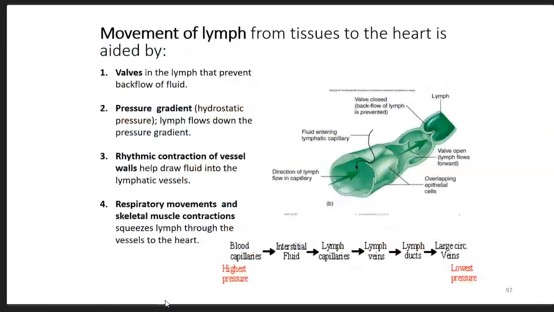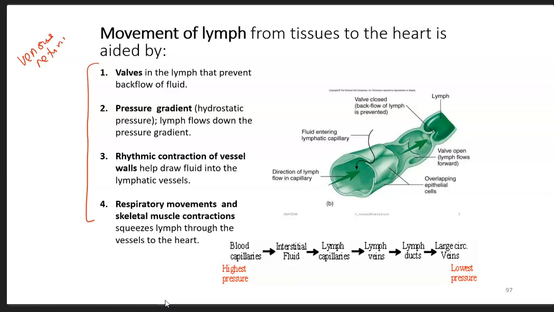Okay, so next is the movement of lymph from tissue to the heart is aided by. Okay, so ini sama juga macam tadi yang venous return. Venous return tadi kan, blood that flows in the vein with low blood pressure and low velocity. So dia ada valve juga tadi kan, dia ada respiratory movement, skeletal movement.